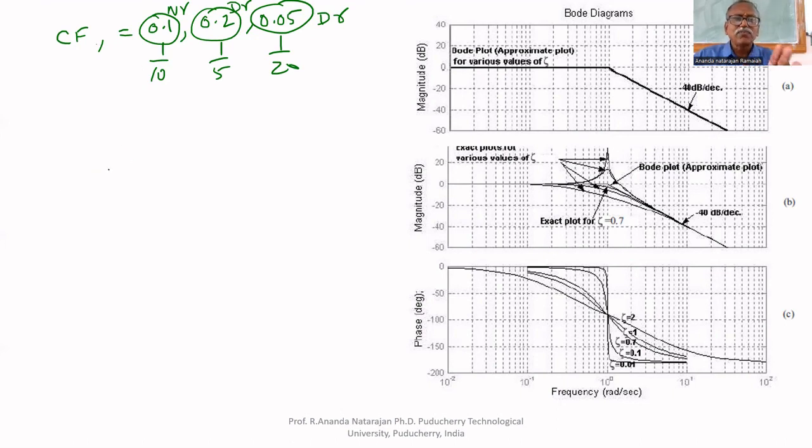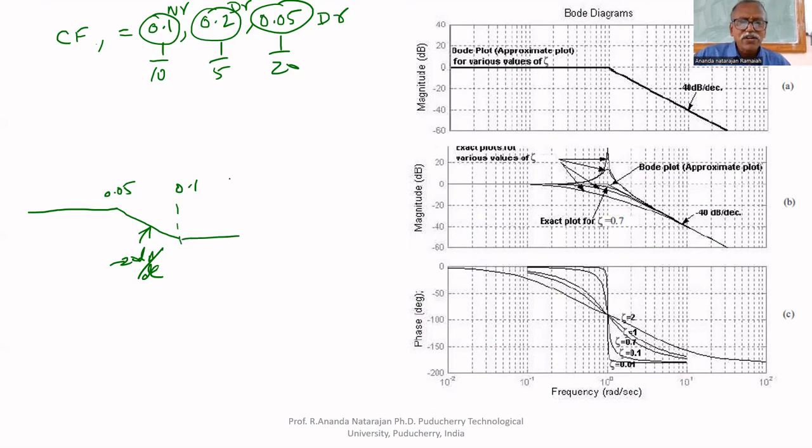So, if I know the corner frequencies, the first corner frequency is 0.05. Up to 0.05, it is 0. After that, up to 0.1, this is in the numerator, it decreases at the rate of minus 20 dB per decade.